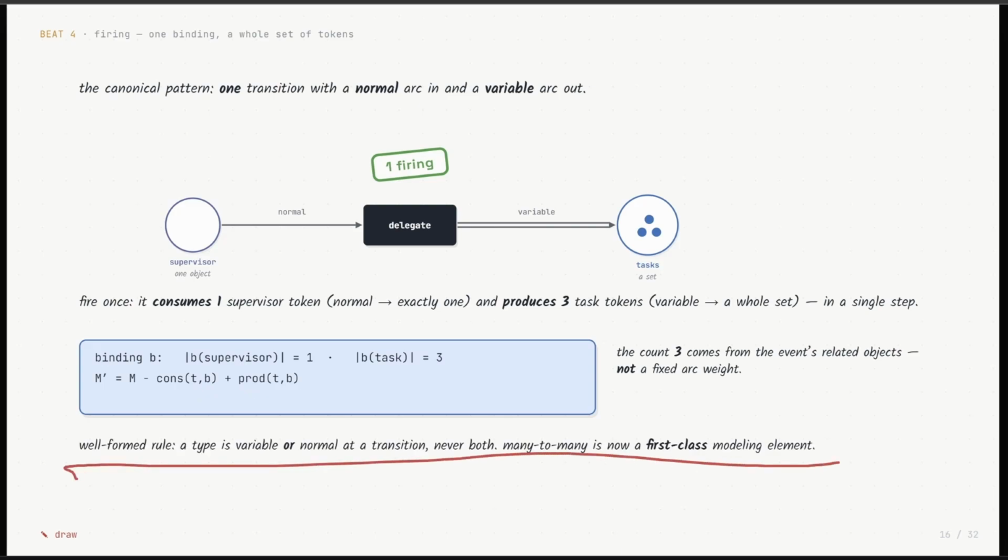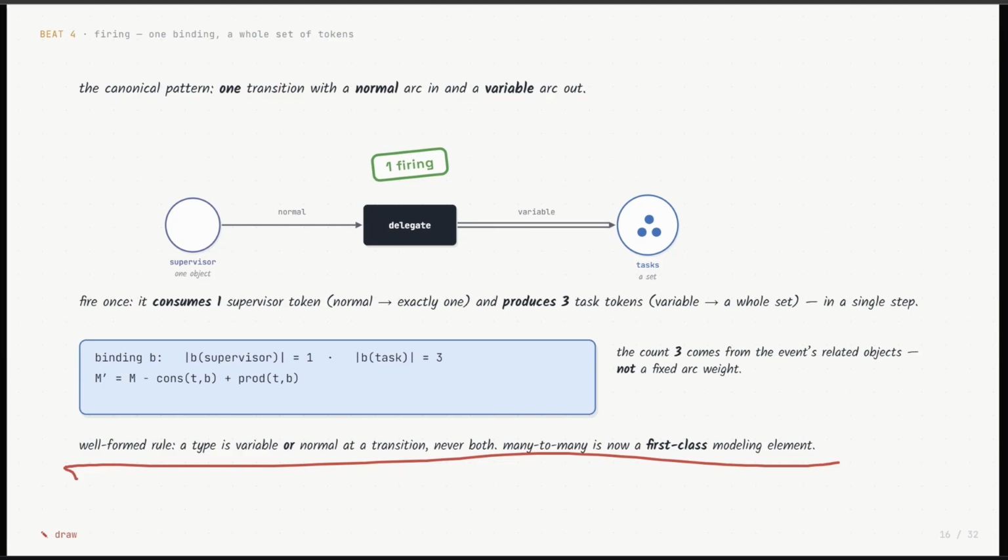One rule for well-formedness here is that for a transition, an object type is connected by variable arcs or by normal arcs, never both. You need to make a choice. You cannot have both arcs.